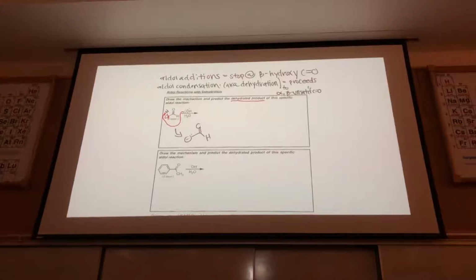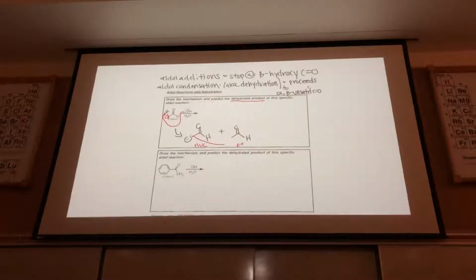So then remember that our enolate attacks, when we're doing a self-addition or self-condensation, one of the original starting materials that has not been deprotonated yet. So this is our nucleophile, this is our electrophile.